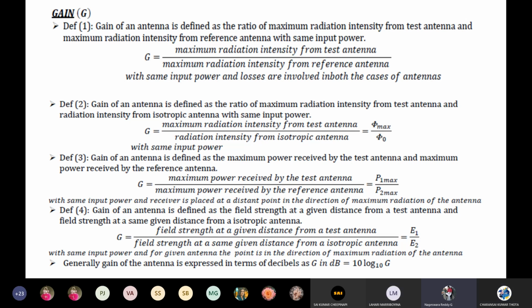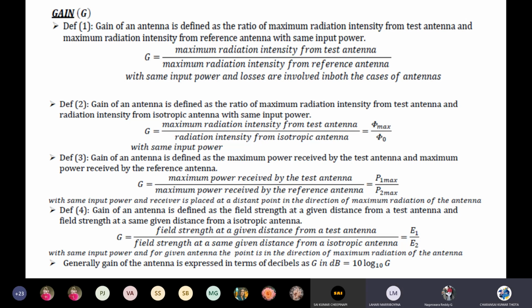Once again you can define the gain. Gain of an antenna is defined as the ratio of maximum radiation intensity from the test antenna and radiation intensity from the isotropic antenna with the same input power, that is G is equal to phi maximum by phi naught, for the same input power.